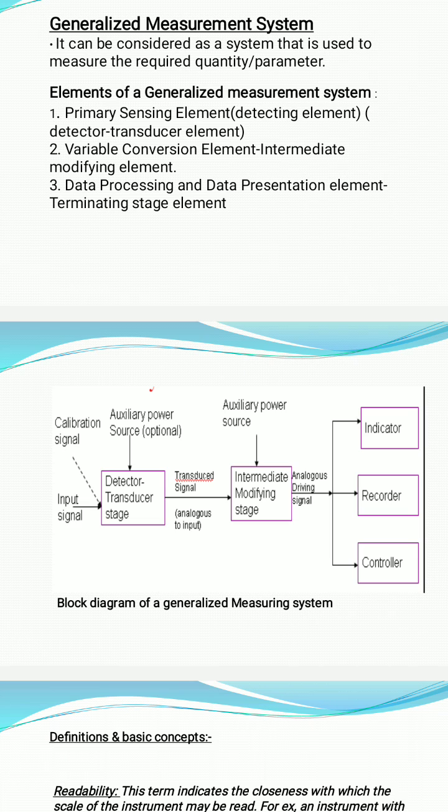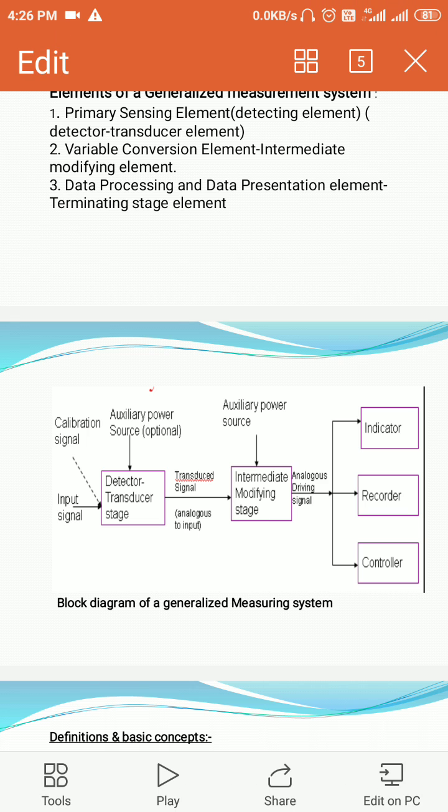So the primary detector stage will sense the signal. If I want to measure the temperature of hot water, then the primary sensor will sense the temperature, the input signal, and then convert it into some other output. That is the function of the primary stage. What is the secondary stage or the intermediate modifying stage?